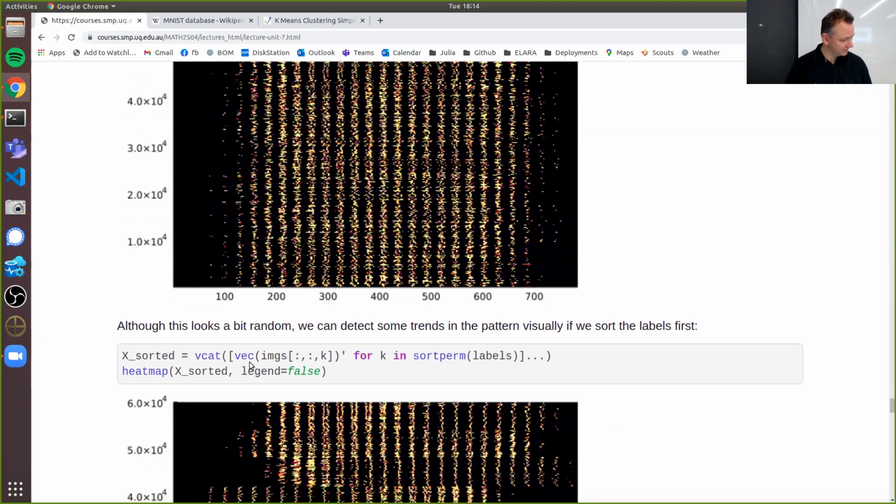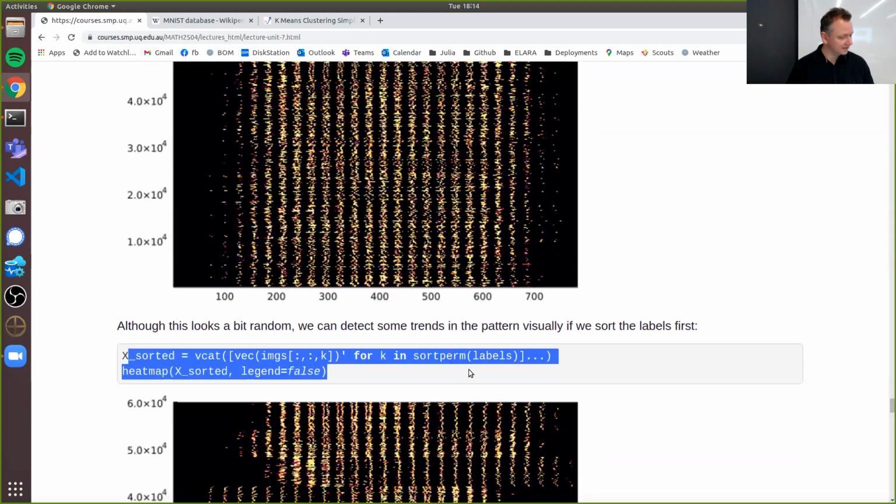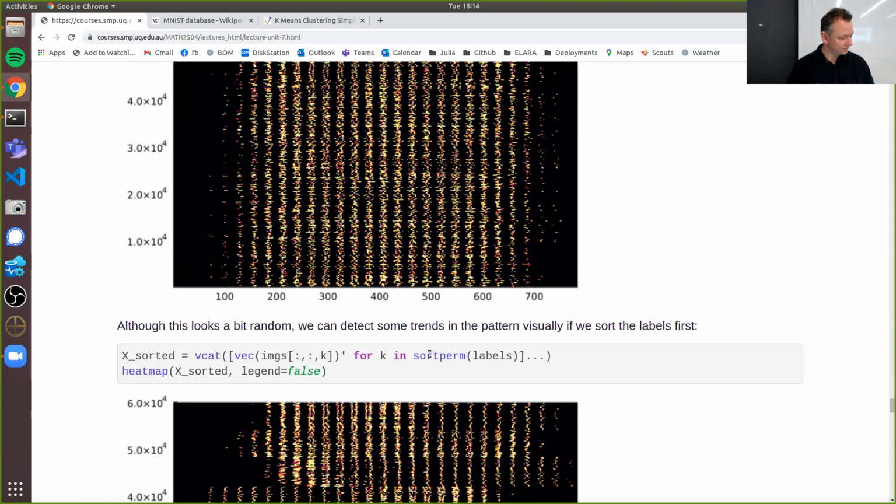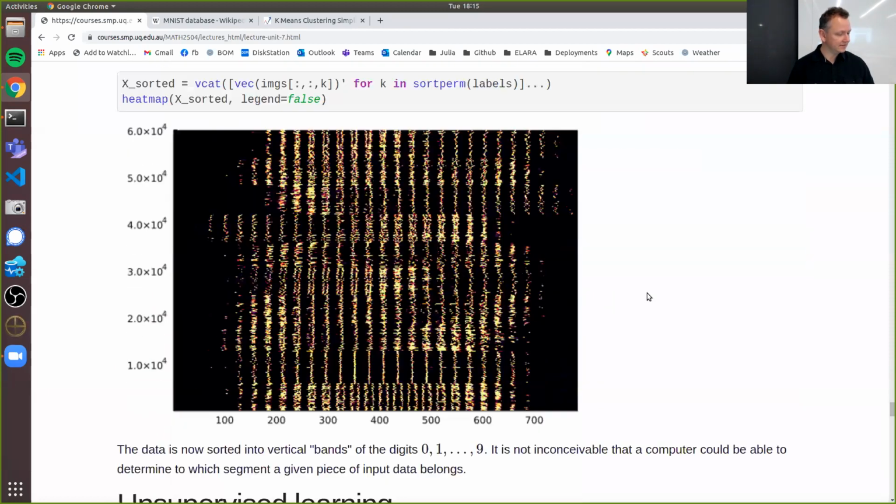So down here, we've sorted these things. sortperm returns a permutation that would sort the labels. And what you can see is now this image is banded into digits. The bottom band here is 0, and then 1, and then 2, 3, 4, 5, 6, 7, 8, and 9.